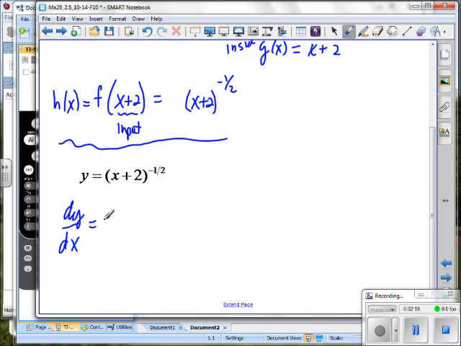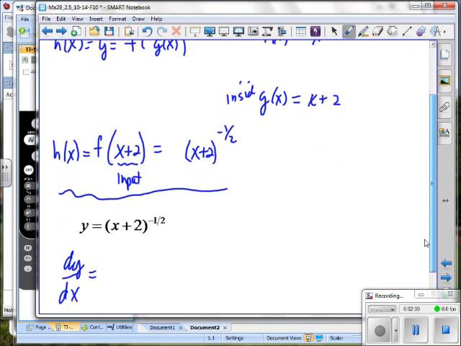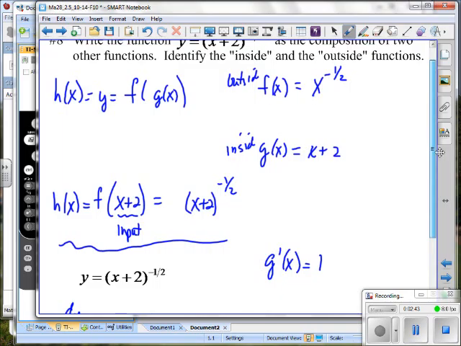And remember now, the derivative of this, we can do it a couple of ways. One is, if I know what g of x is, can I find g prime of x? If I know g of x is x plus 2, the derivative of that is just simply 1. Well, what about the derivative of f of x?